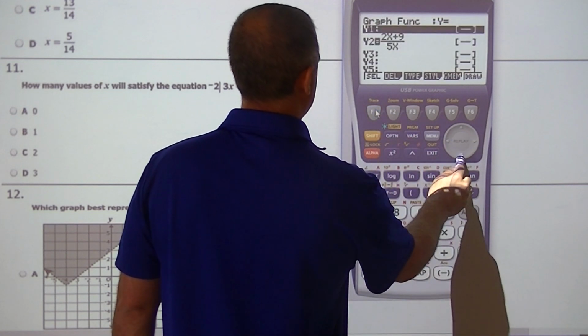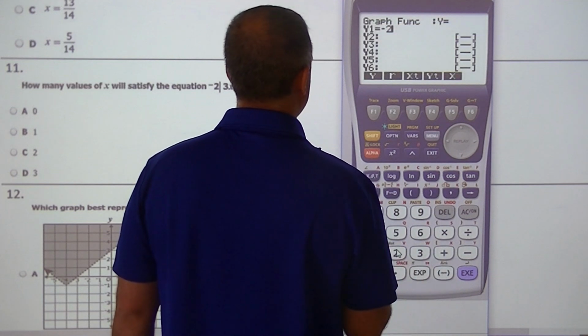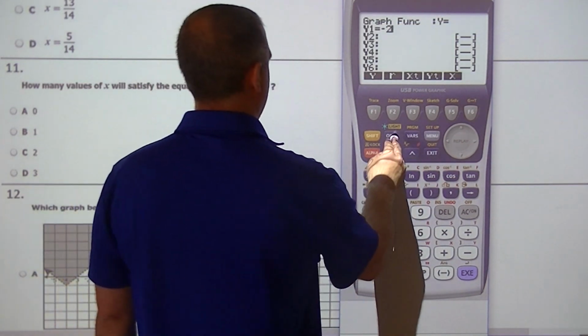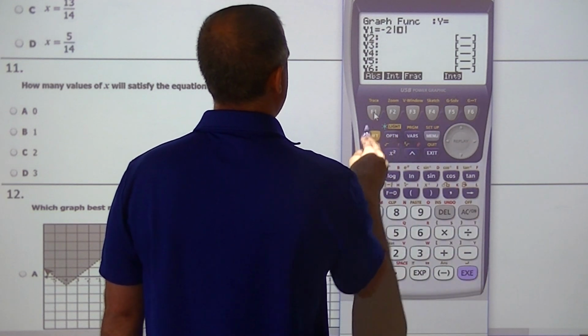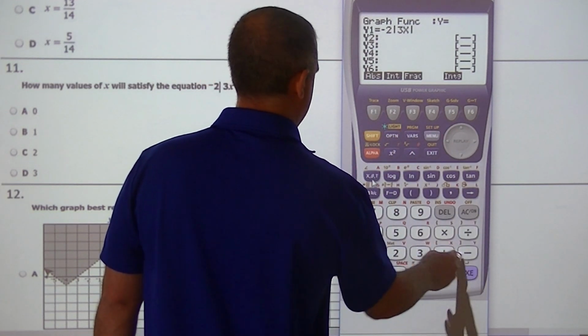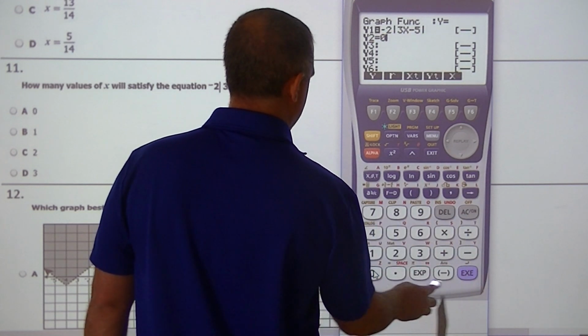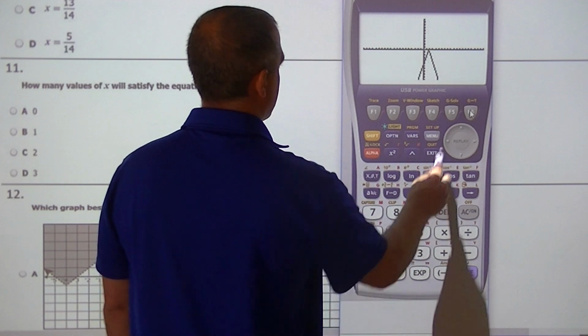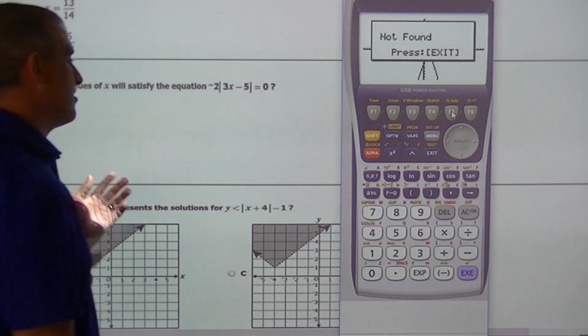All right, there's two ways to do this. Okay, all right, so you do -2, option num abs 3x minus 5, okay? Now, you can do it where it's equal to 0. Okay, the problem is it tells you not found, okay?